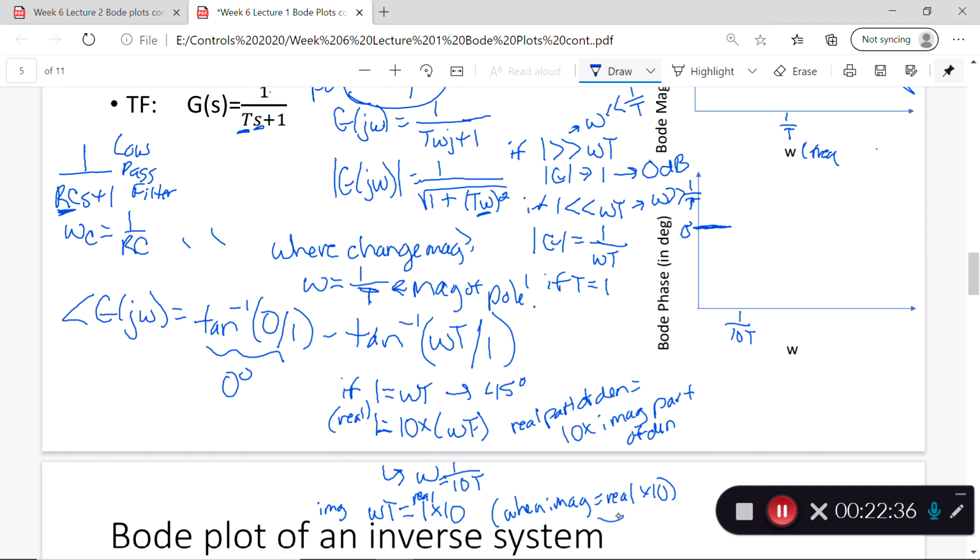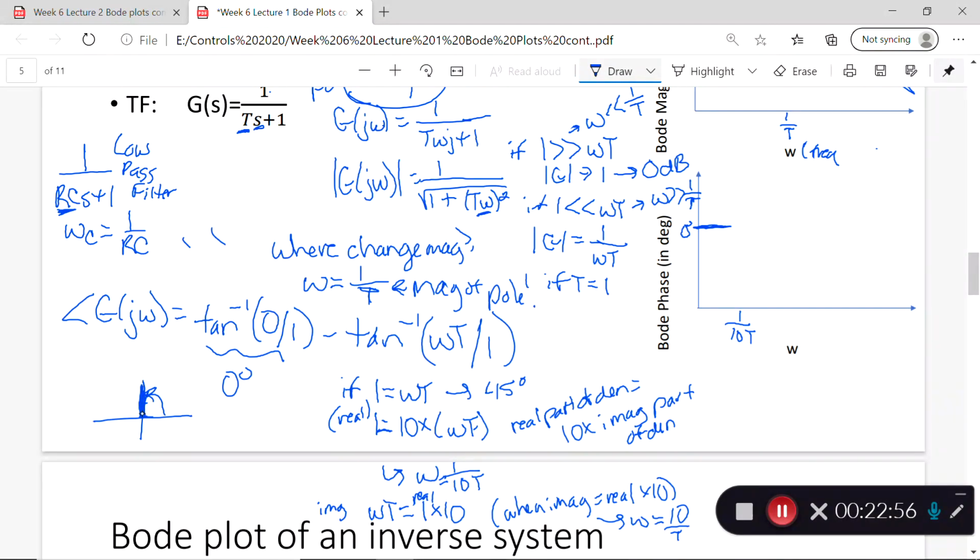Then omega here would solve to be 10 over t. That means this would be much, much bigger than this, and I could approximate it as just omega, like this was very small or 0. And that would be like you just have an imaginary component, no real.